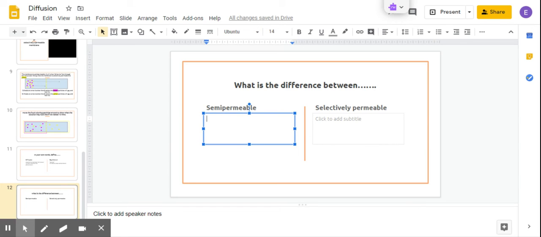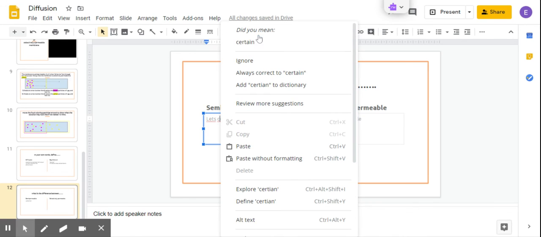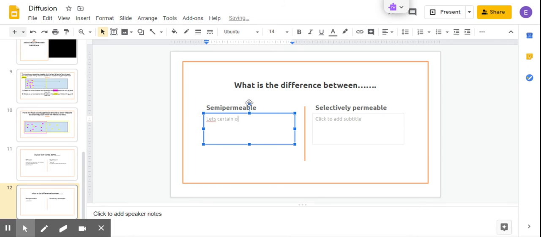Semi-permeable versus selectively permeable. This is where we talked about semi-permeable being mostly due to size, right? They both let some things in, but not others. Semi-permeable lets certain objects through and others not, mostly due to size.